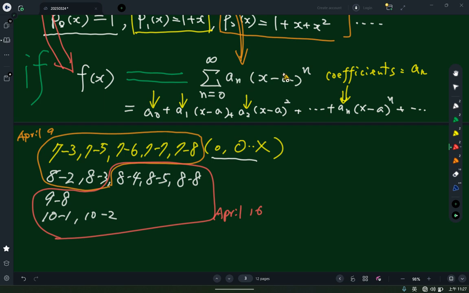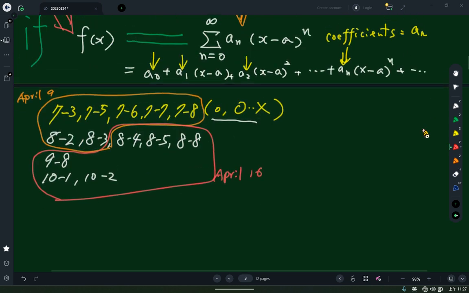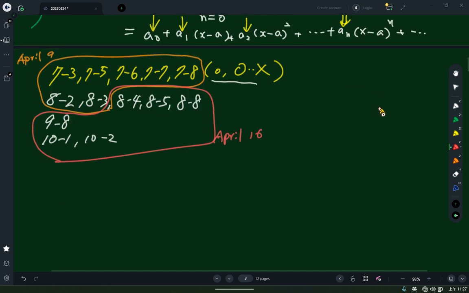Our target is, can we just convert f of x to be an infinite series like this one? Then what we need to do is we need to determine these coefficients from a0, a1 to an, blah blah blah. Okay, so how can we do it? If we want to meet this requirement, then we can try to differentiate.